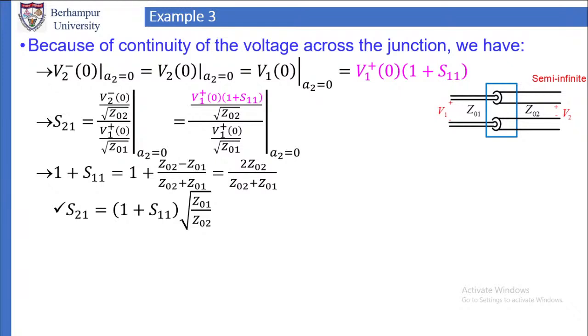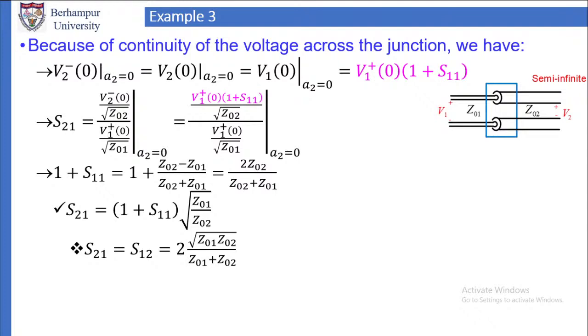So 1 plus S11 is equal to 1 plus (Z02 minus Z01) by (Z02 plus Z01). If you do the algebra, that will give you 2 Z02 by (Z02 plus Z01), from which you can get S11, and S11 we already know.